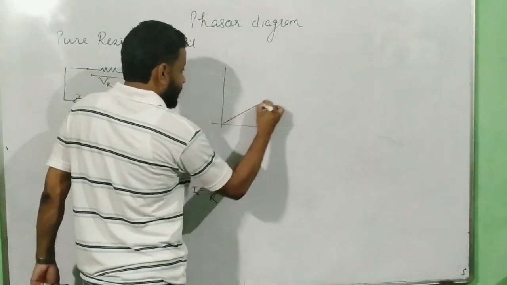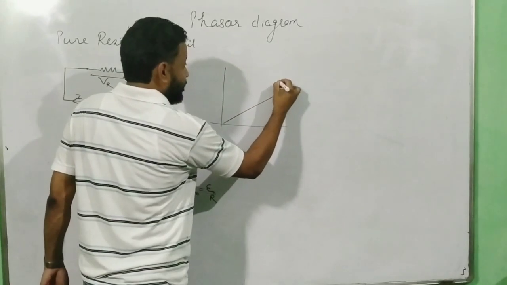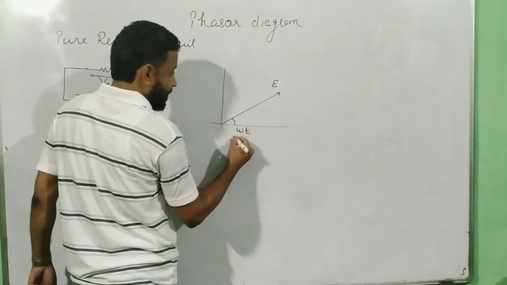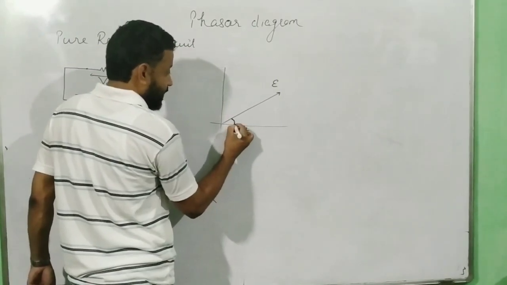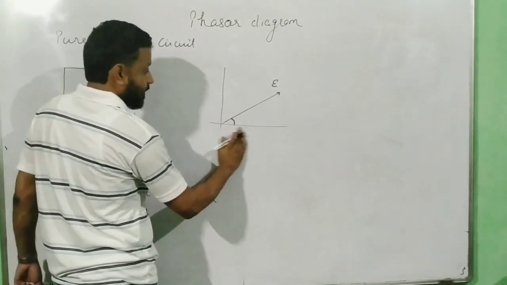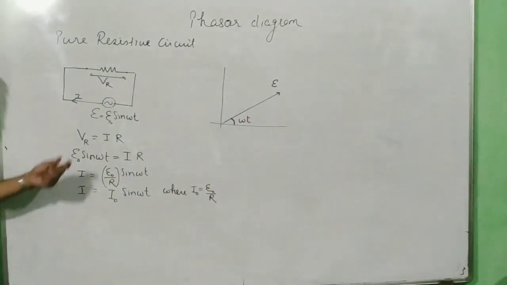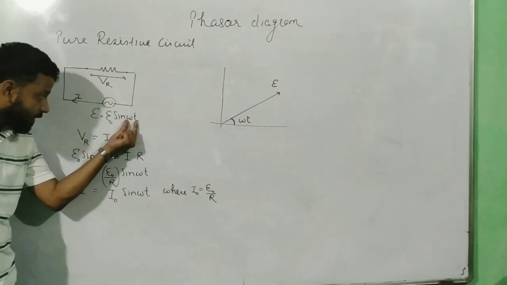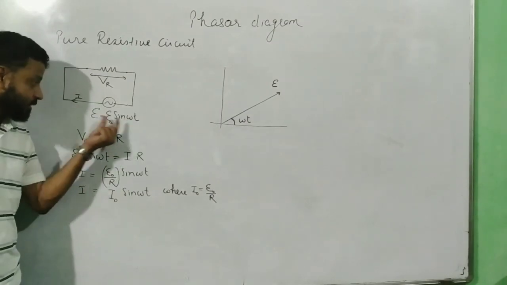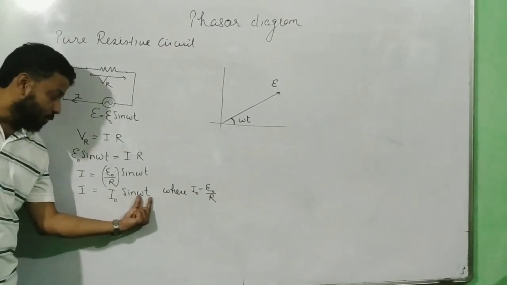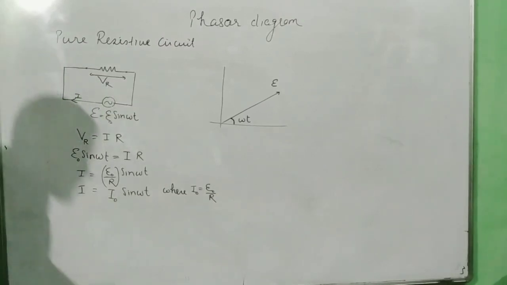At any time t, if this is my applied EMF E, let us say it makes an angle of omega t. This angle is omega t. When the EMF has a phase of omega t, the current will also have the same phase of omega t. Now you may be saying, what?